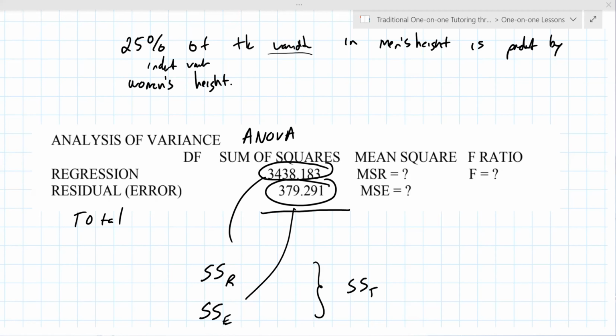Is it sending? It says it's sent now. Okay, there it is. Got it. All right.